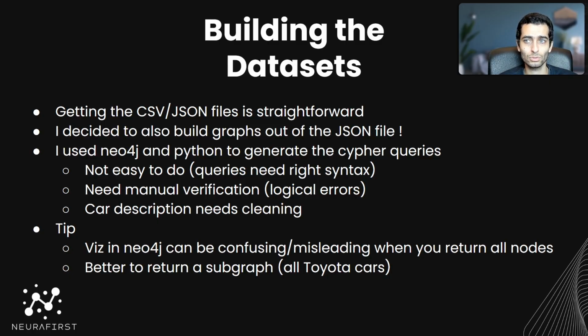So the best way to double check your data is actually to craft a special query to just return a subgraph. So for this example, every single time I built a different graph, I would just output all Toyota cars, just display everything related to Toyota, and let me double check whether the pricing, the miles, everything makes sense and is contained within the original JSON dataset.